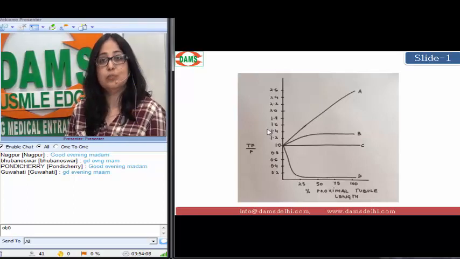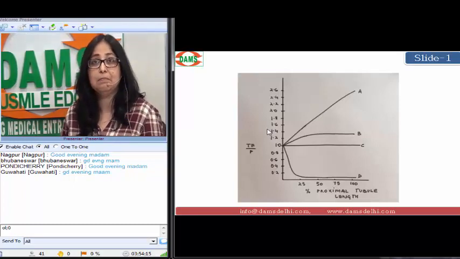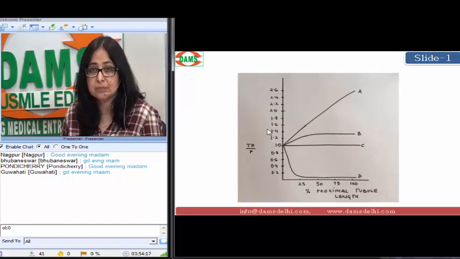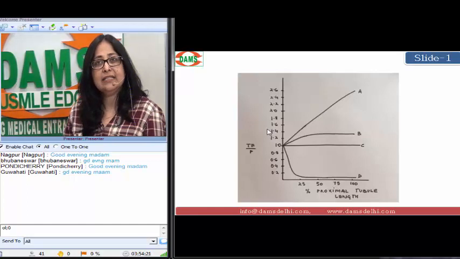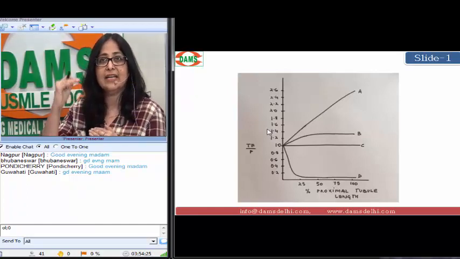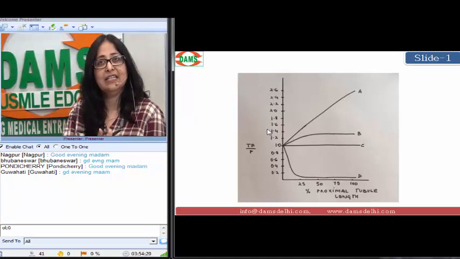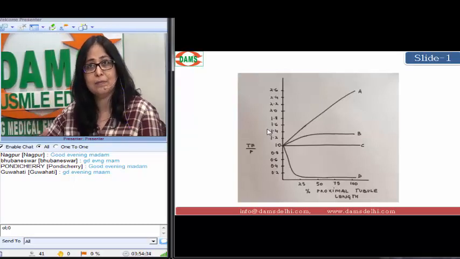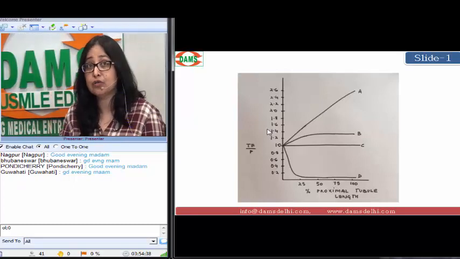TF stands for tubular fluid, P stands for plasma. You could see a horizontal line at 1, and there are lines A and B which are more than 1, and there is a line D which shows that the TF by P ratio drops sharply and is almost 0.